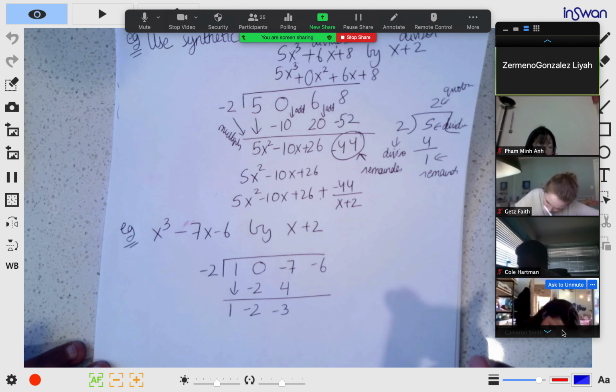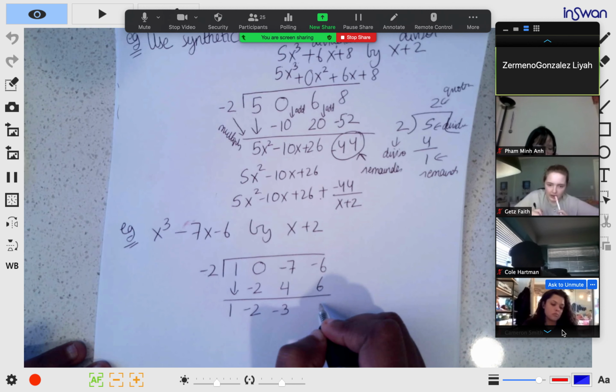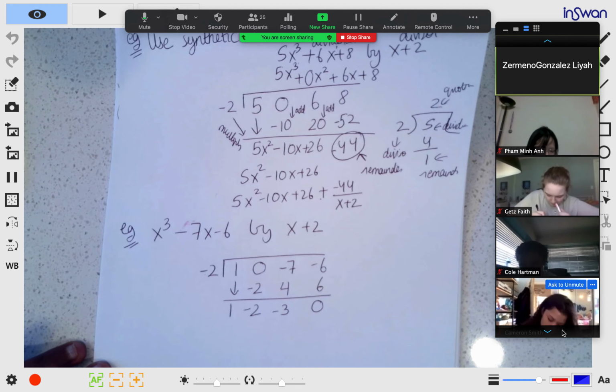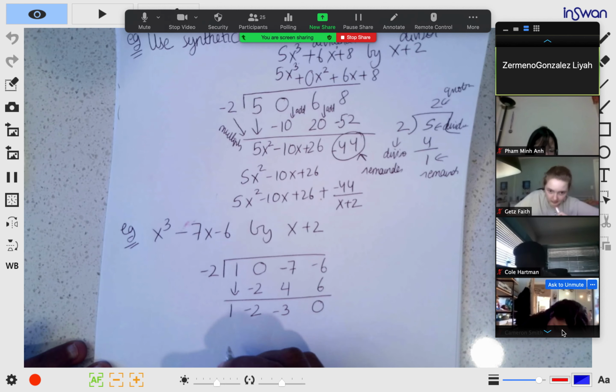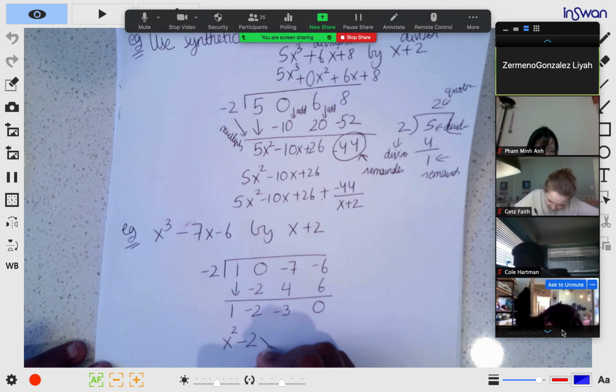And then -3 times -2 is +6, which you add to -6, and it's 0. Okay, so since my remainder is 0, I just need my quotient. What's my quotient? It would be x squared minus 2x minus 3. Perfect, perfect. Really good, Leah.